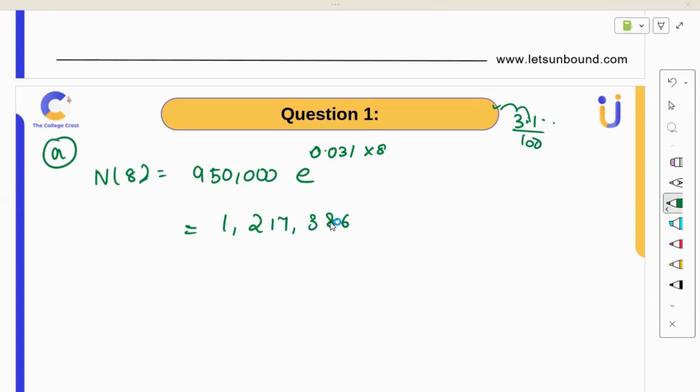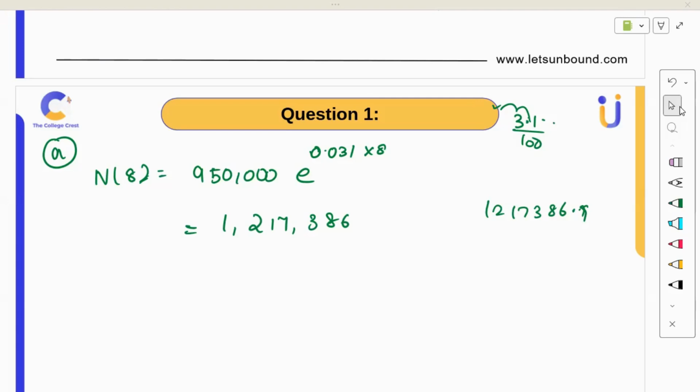Actually, you will get 1,217,386.9, but don't round it up because 0.9 is not a population, right? So that's why we are not doing it like that, okay? Not just usual rounding, okay?